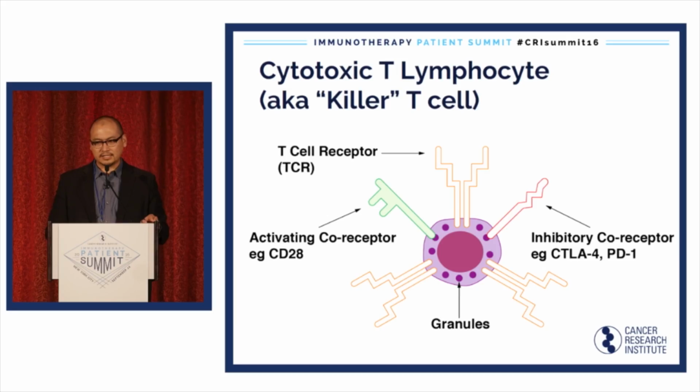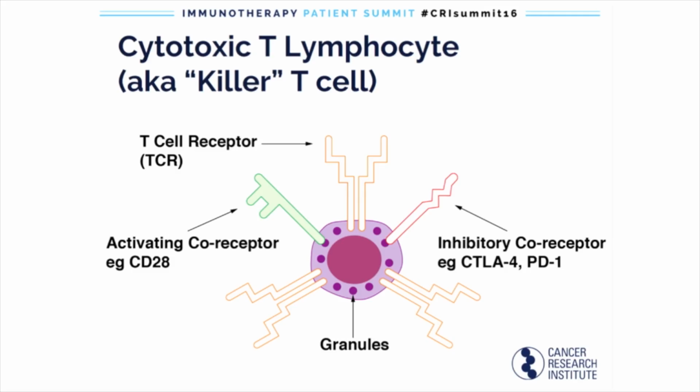The next component that I want to talk about is the cytotoxic T lymphocyte, or the killer T cells. T cells have a number of important proteins on their surface which determine how they interact with both normal cells, infected cells, and cancer cells. The most prominent of which is the T cell receptor shown at the top.